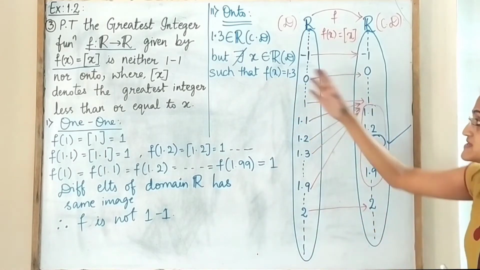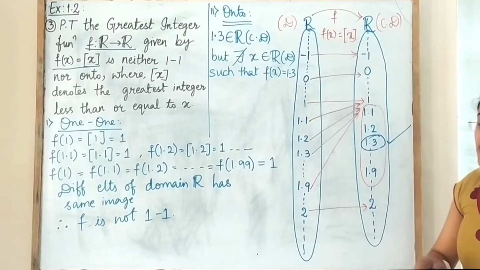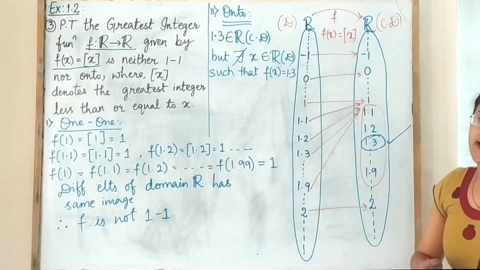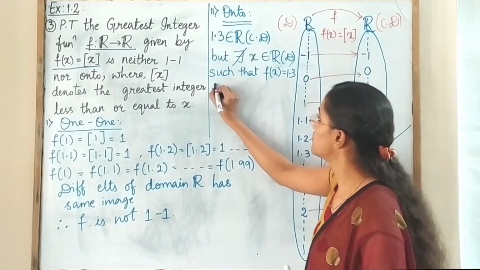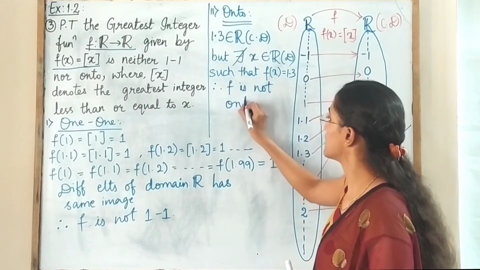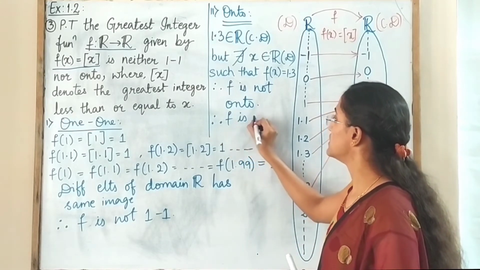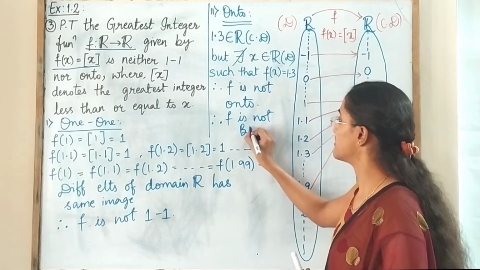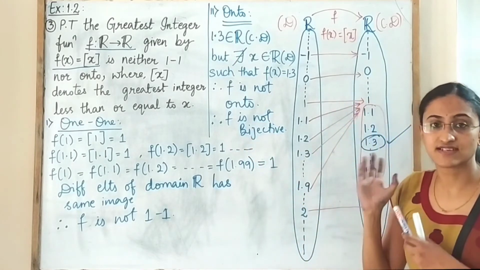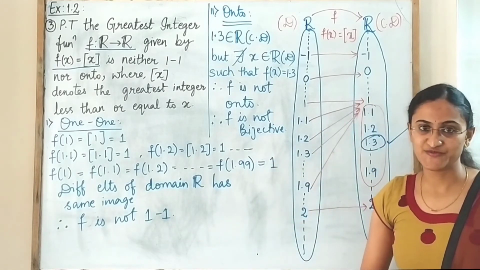That is, there is an element 1.3 in the codomain, but 1.3 is not being mapped from any element in the domain, and hence you can conclude that f is not onto. And hence conclude even that f is not a bijective function. Hence we have proved that the greatest integer function is neither one-one nor onto.